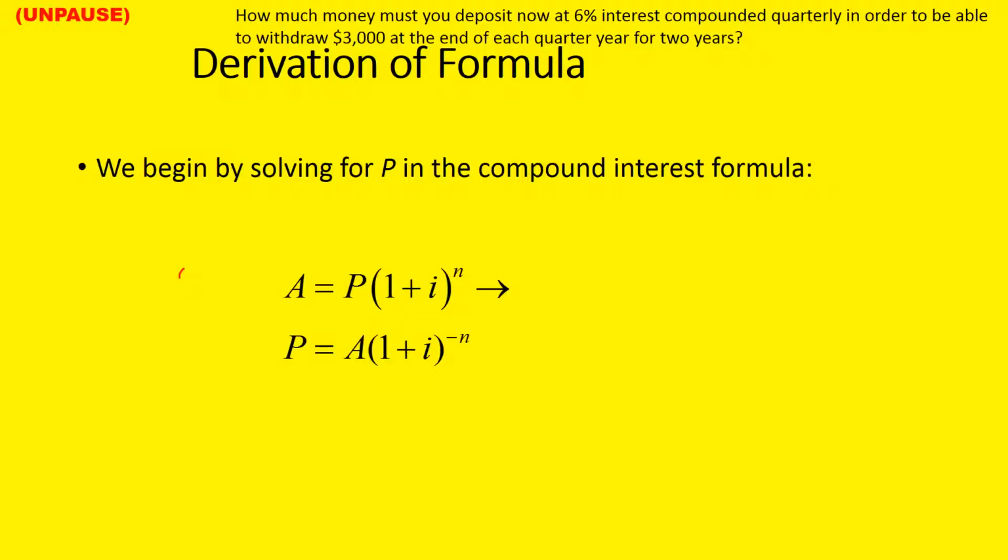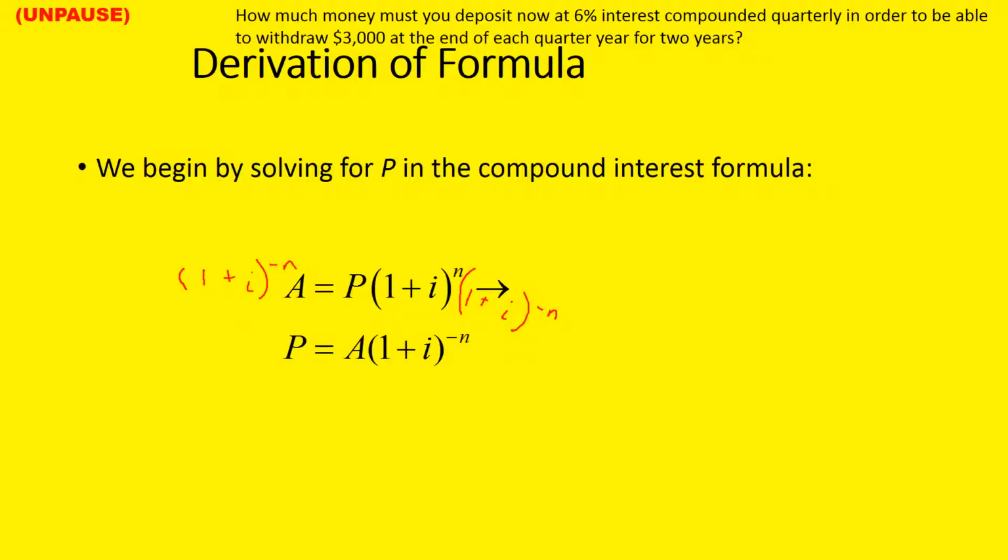Okay, so 1 plus i to the negative n. And then if we do that over here, 1 plus i to the negative n.